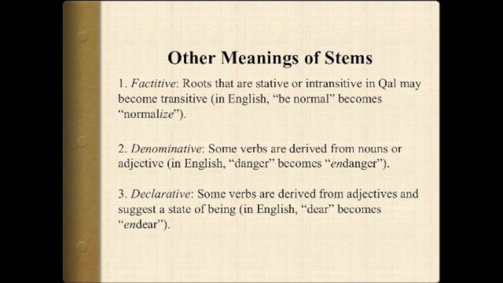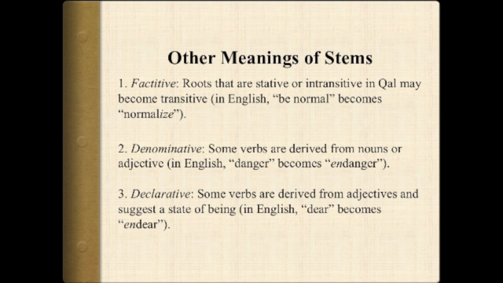There are other things that can change when a verb is used in a different stem from the qal. These are just some examples. You'll see more when we talk about the various stems individually. So it can become factitive. So roots that are stative, meaning they describe a state of being, or maybe they're intransitive, like she walked, in qal may become transitive.